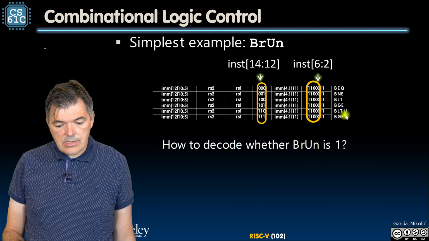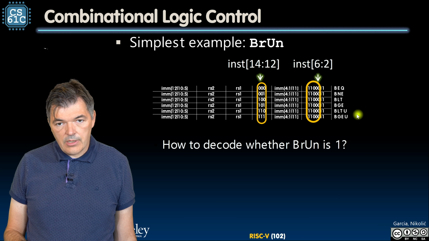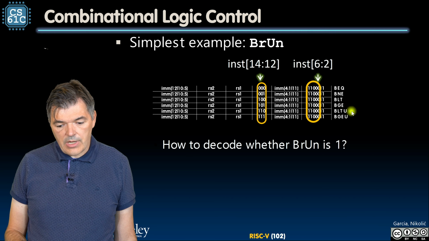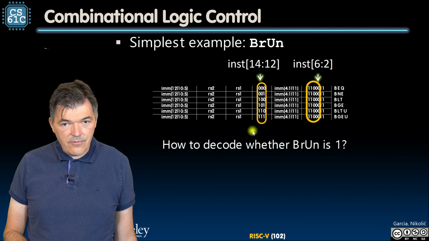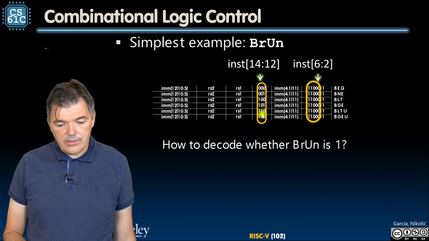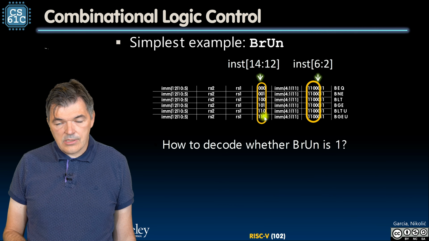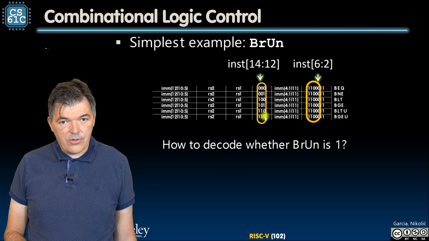So when looking at these, the bottom two, the last two, are the unsigned branches, BLTU and BGEU. What is common for them and different for the other instructions? Well, you can take a look at this middle bit, instruction 13 bit. It is true only for those two.